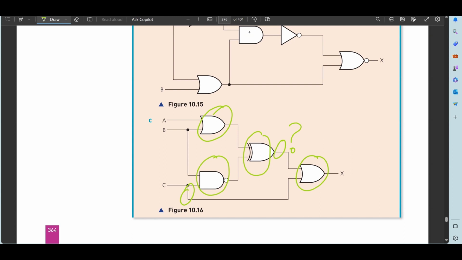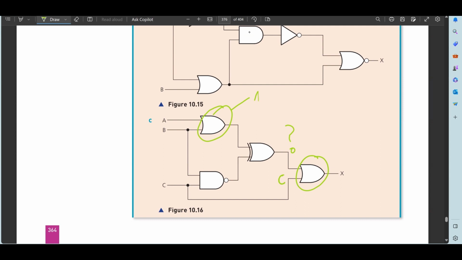So we must start from these two gates. Why? Because these have direct connections with the input. Until you reach a gate or gates that have direct connections with the input, you cannot start making an expression. Okay, so this is the question mark we need to resolve first, because this is the simple C input to the XOR gate.